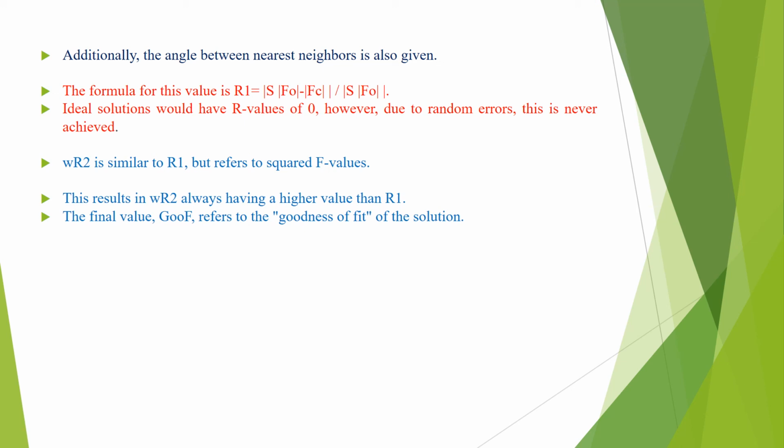However, due to random errors, this is never achieved. The R value listed as a percent of less than 5% is considered a good solution.